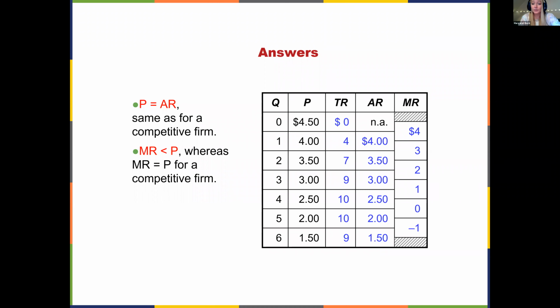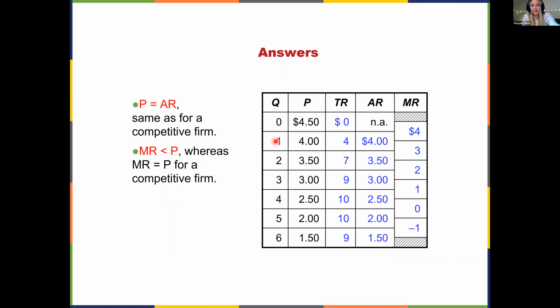If we were to fill out this table, we know that total revenue is how much money the firm brings in. To find total revenue, we just take the price that the firm is charging times the quantity that they sell. So if the firm doesn't sell anything, they're not going to bring any money in.